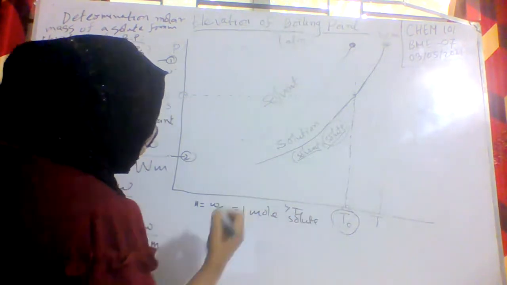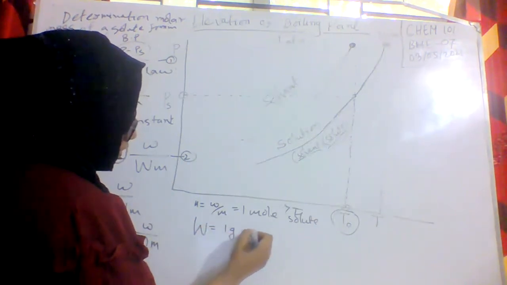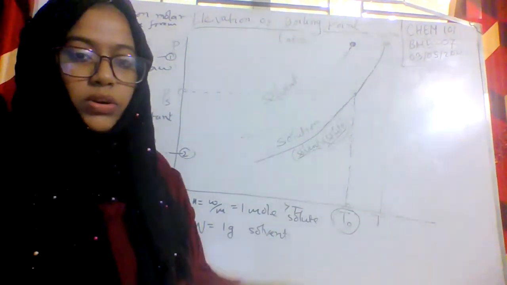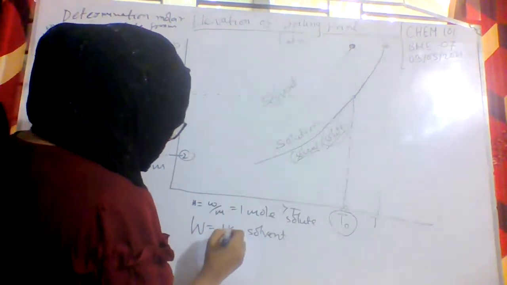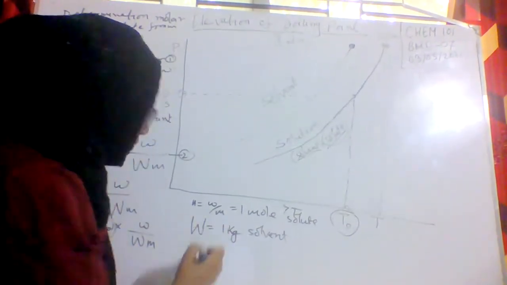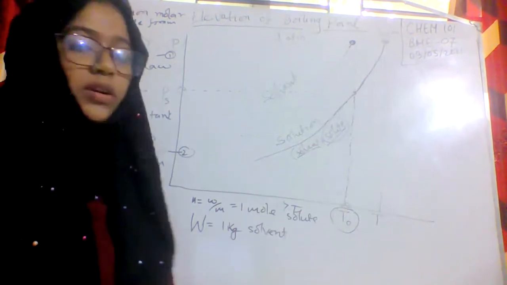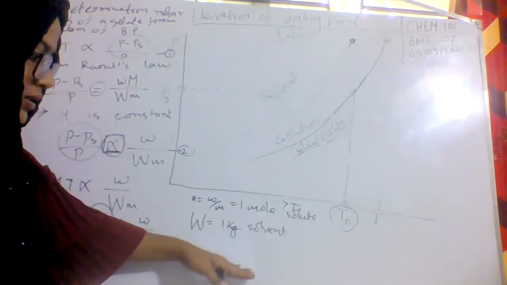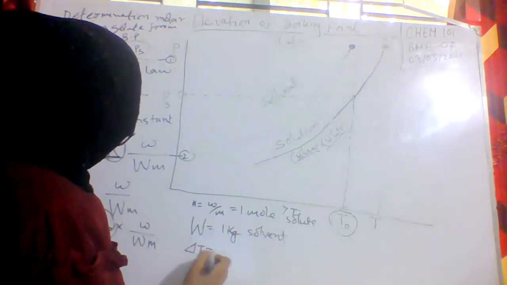If I take 1 mole of the solute, and 1 kg of solvent, okay, not 1 gram, 1 kg, sorry, then what will be the Kb value? Delta T equal to Kb.